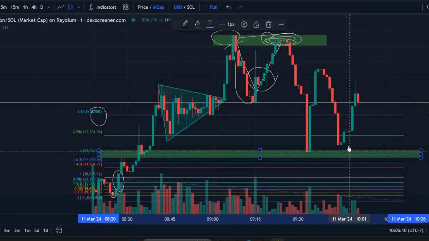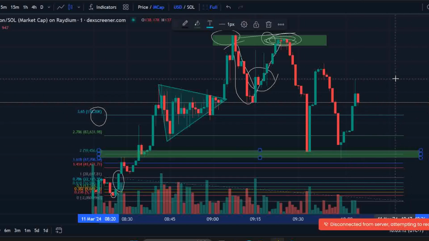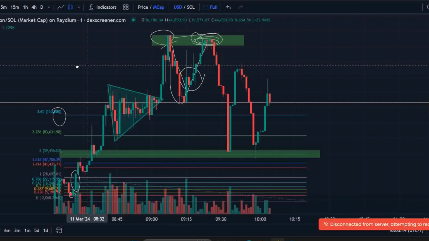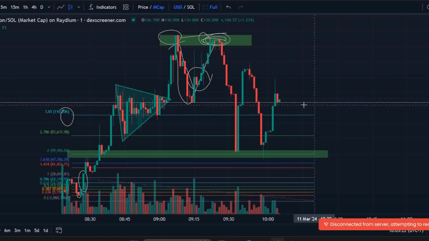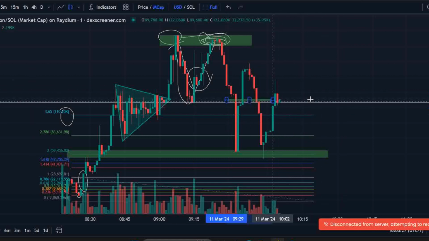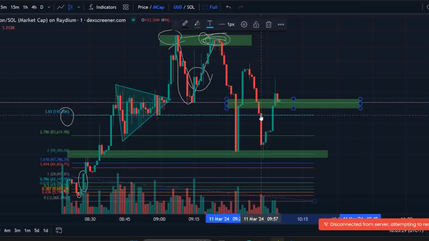So if this price doesn't collapse, then in my opinion, we still have a chance for another pump, because this is the 100k right here, and as of now it seems like it's trying to find support right here.